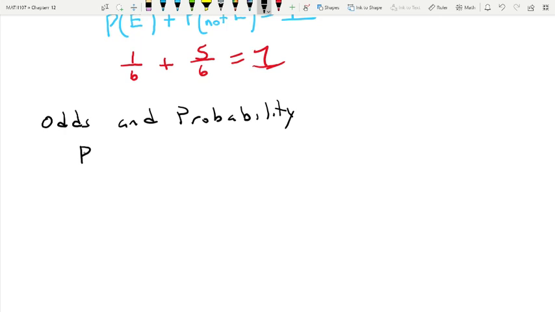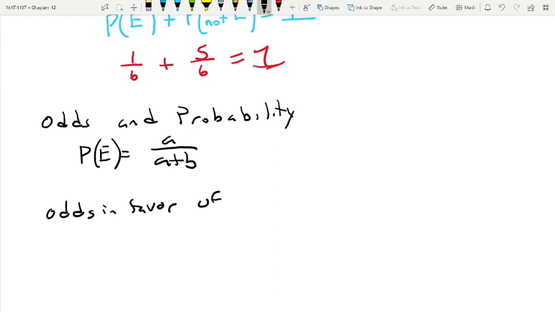The probability of E is basically A over A plus B. And then the odds in favor of E is going to be the probability of E over 1 minus the probability of E.